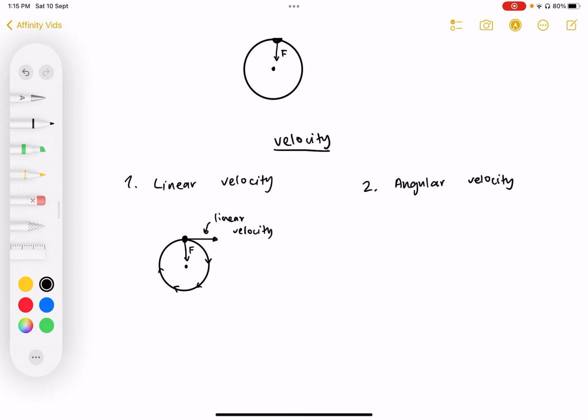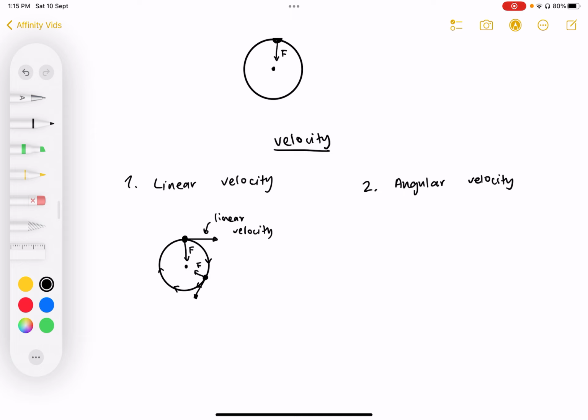And no matter where it is on that circle, it's going to have that same characteristic. Tangent to the circle and perpendicular to the force. This is how we're going to describe our linear velocity. But what's important to note is that the object never actually has any displacement in the direction of that force. It's just one of the ways that we can describe the motion of this object.